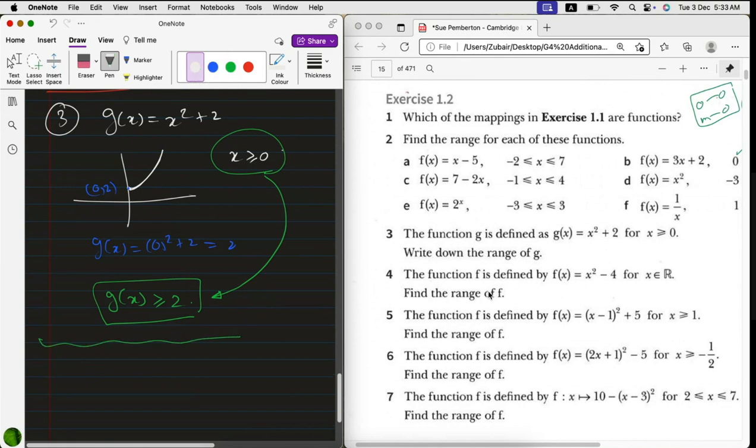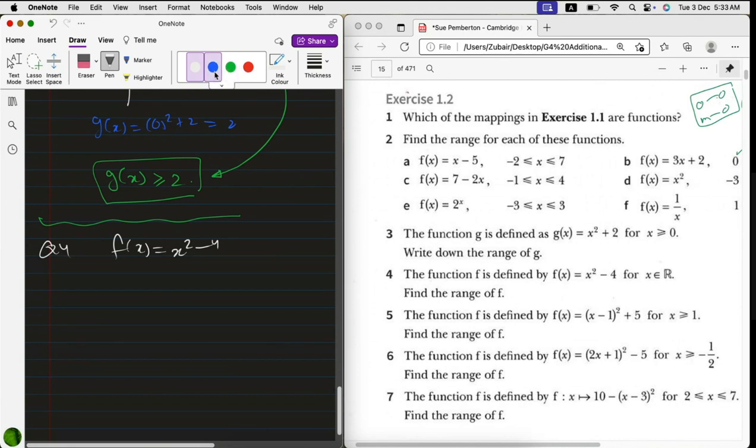Okay. Number 4 says f of x is equal to x squared minus 4. Now x squared is a smiley face and minus 4 gives the y-intercept at negative 4.